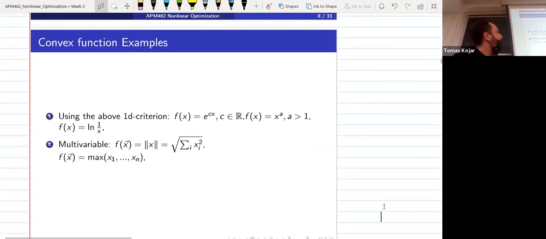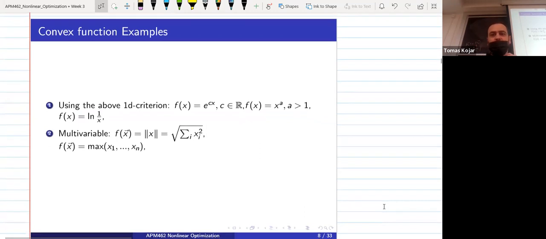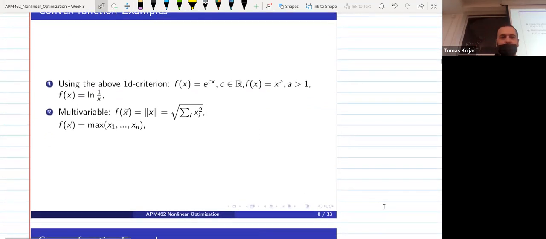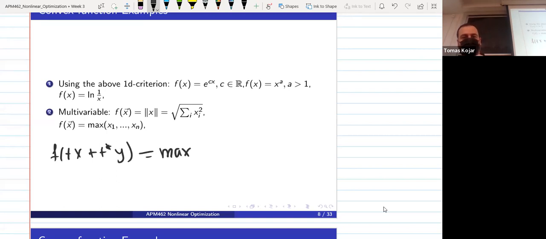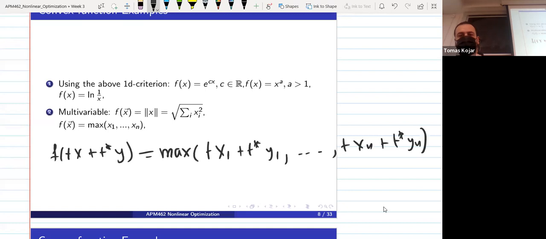The maximum function, we will talk about it. Shall I do it now? Yeah, let me do it. So let's see. The maximum function is convex. So you have f of tx plus t star y. This is the maximum of tx1 plus t star y1 up to txn plus t star yn.